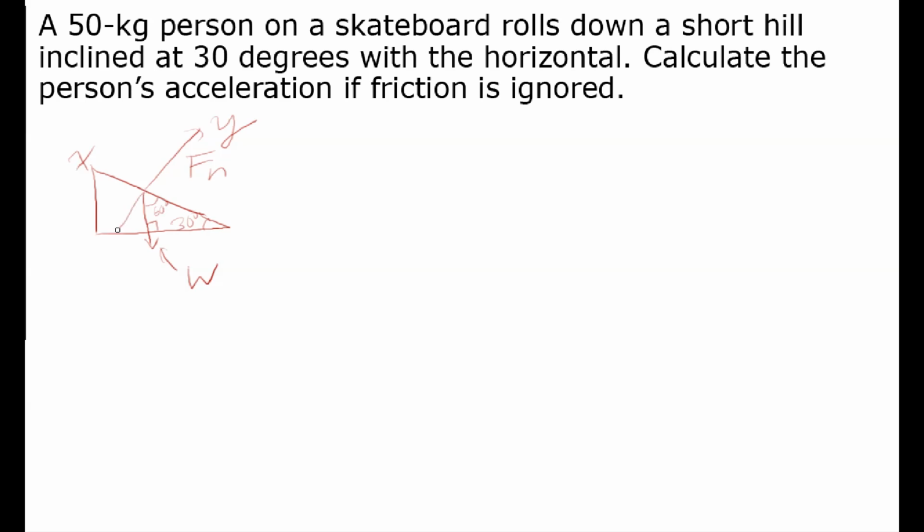Now we know for sure that this in itself looks like a right triangle. So in here, 60 and 90 degrees, so 90 minus 60 equals 30 degrees. So that is our free body diagram for this problem.